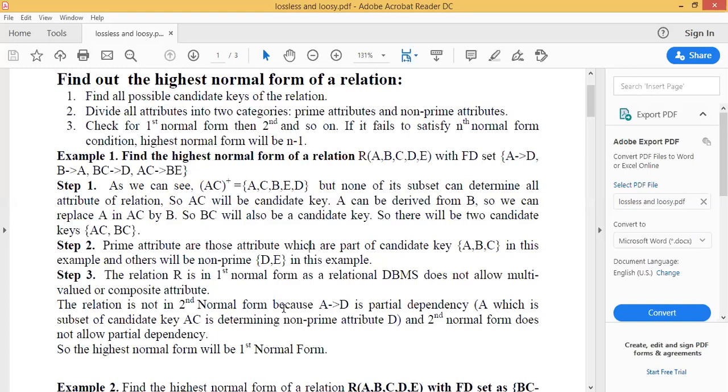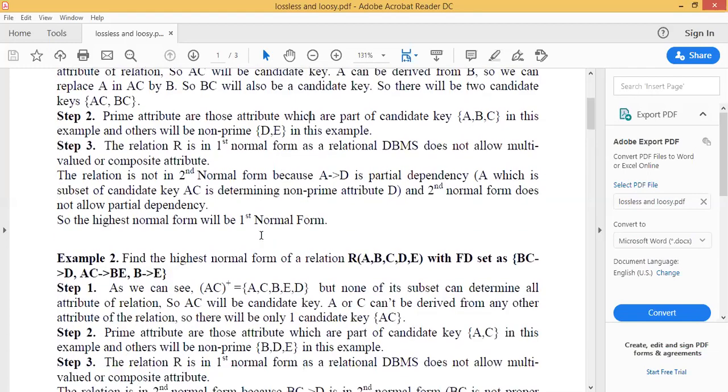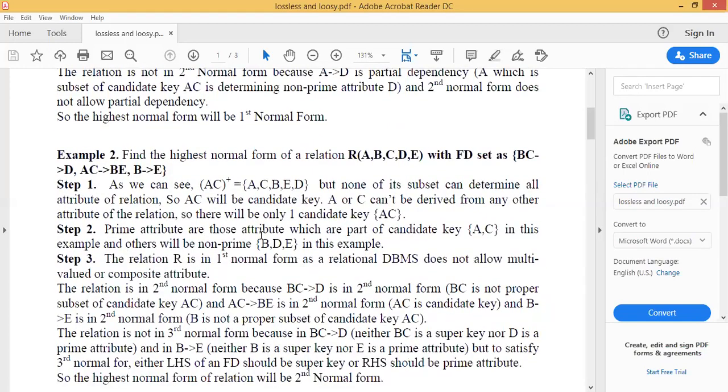Okay. Given another example, relation R, which consists of five attributes A, B, C, D, E, and the FD set is BC determinant D, AC determinant B, and B determinant E. As we can see, the attribute closure of AC holds A, C, B, E, D, but none of its subsets, meaning A or C, can determine all attributes of the relation.